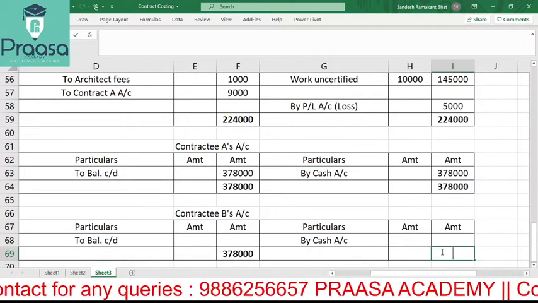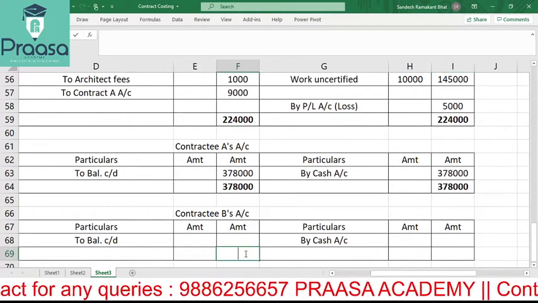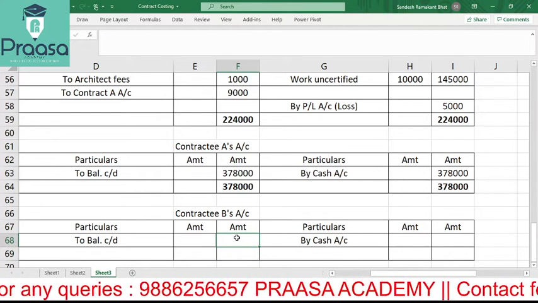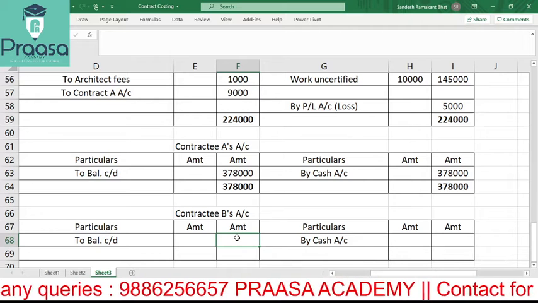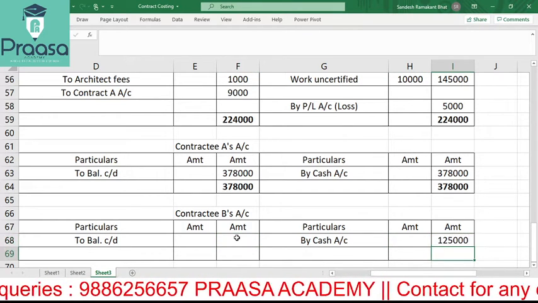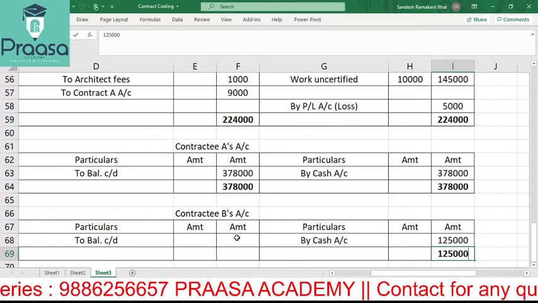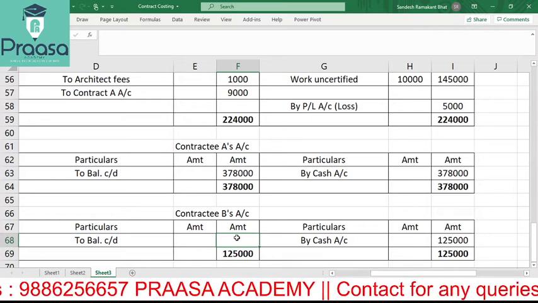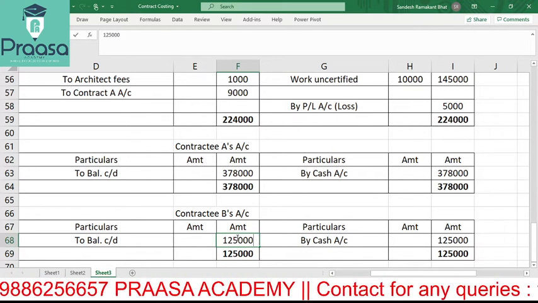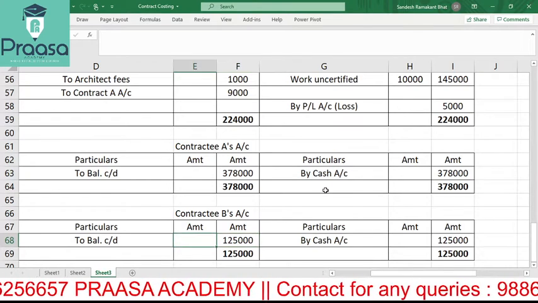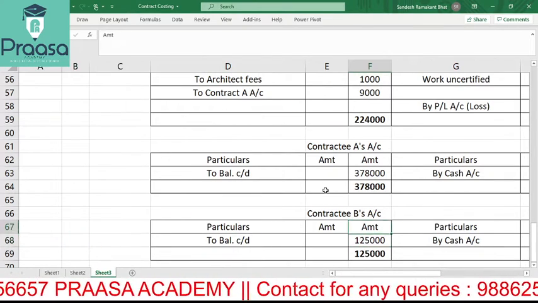I want you to do work in progress in the balance sheet. Yes, so how much cash has been received here? 1,25,000. Of course, 1,25,000. That's all. So this is all as far as this particular problem is concerned.